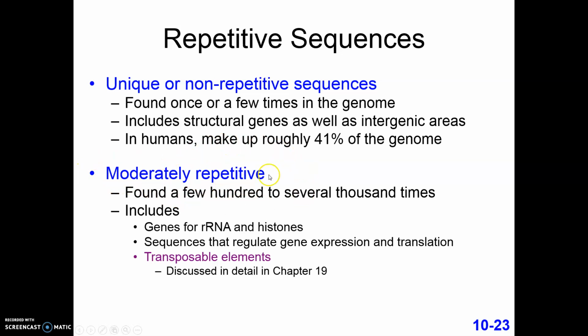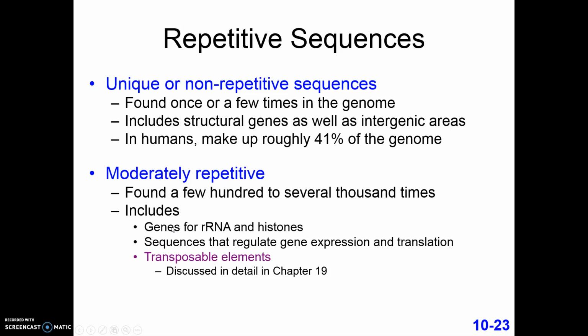So let's move on to moderately repetitive. This is when you find a particular sequence that occurs a few hundred times to several thousand times. And this can show up in several different ways. Some of these are actually genes.